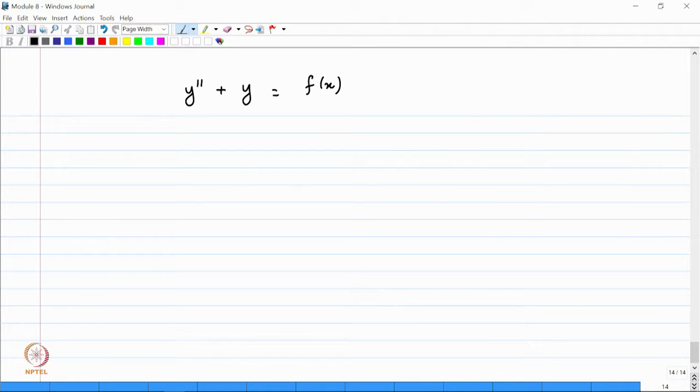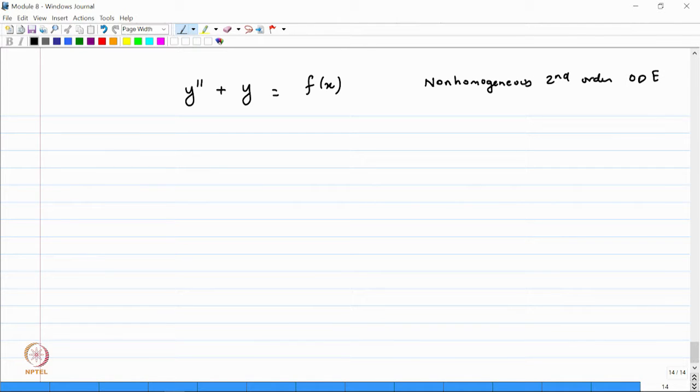In fact, you can do this for arbitrary differential equations, but we will illustrate the use of this by taking this simple differential equation. So this is a non-homogeneous second order ODE. Actually you know the solution of the homogeneous ODE. But let us just go ahead and work this out.